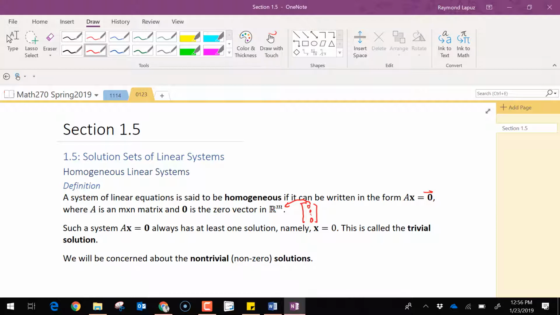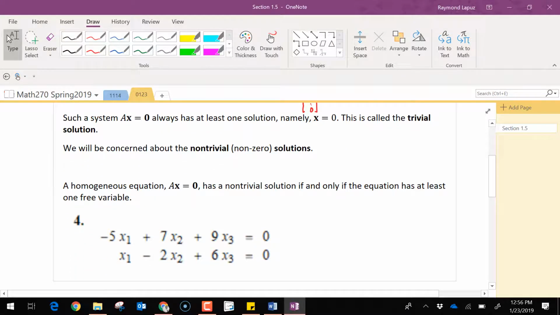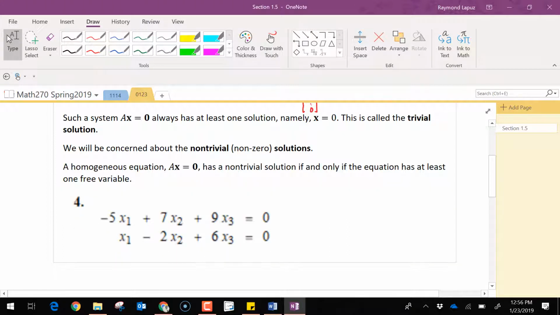But when we're dealing with matrices, it's quite possible that we get something that's not 0 as part of the solution. So let's take a look at the possibility for a non-trivial solution. If you remember in your readings, this whole idea of a pivot point, free variable, does that sound familiar?